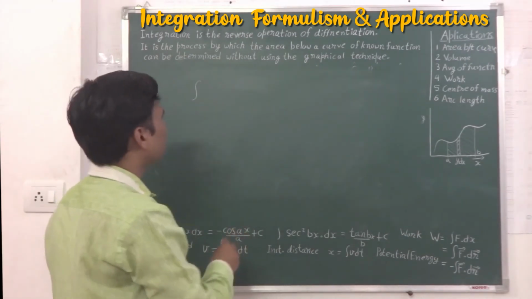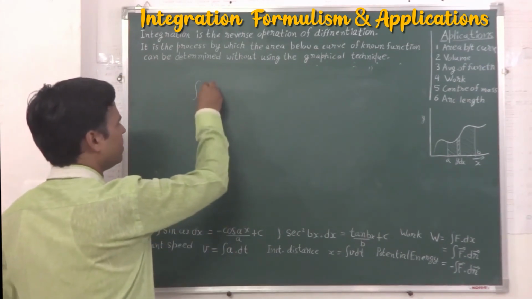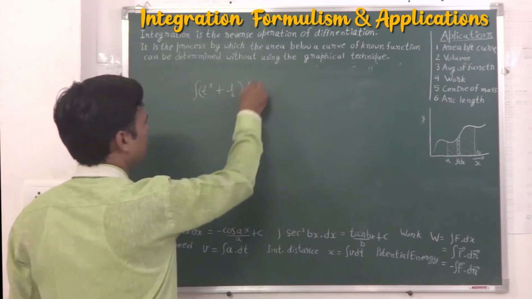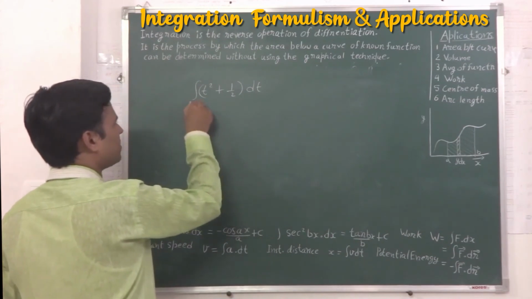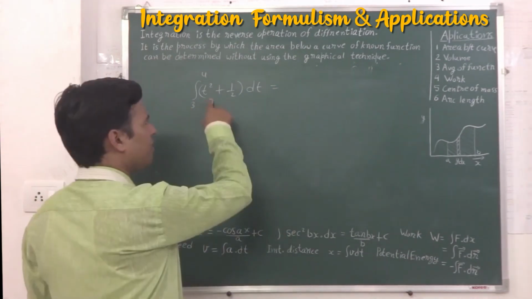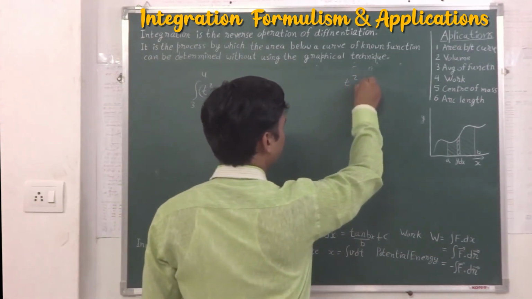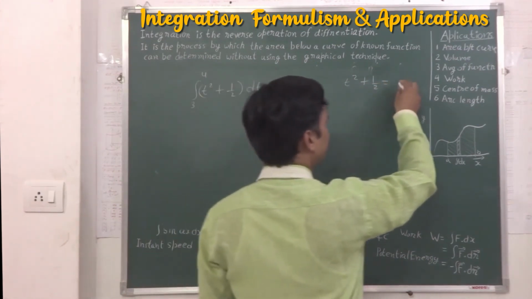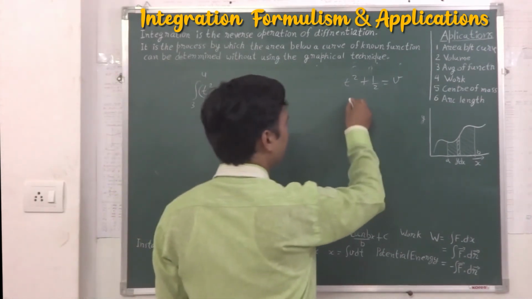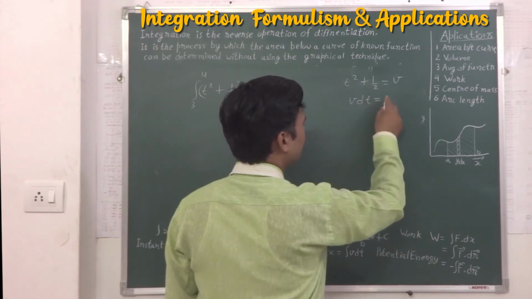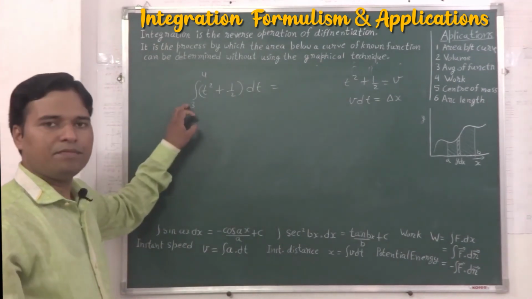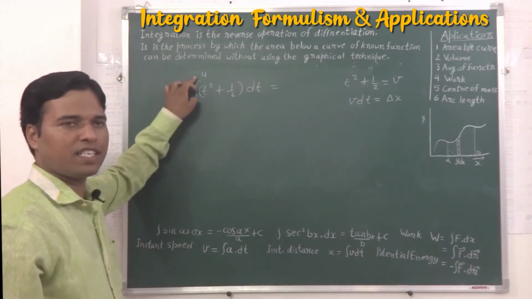Now, if you want to get the value of integration of the given function t square plus half with respect to time t from time value 3 seconds to 4 seconds, and this function t square plus half is the instantaneous speed, then this integral of v dt will give you the change in distance between the time from 3 seconds to 4 seconds.